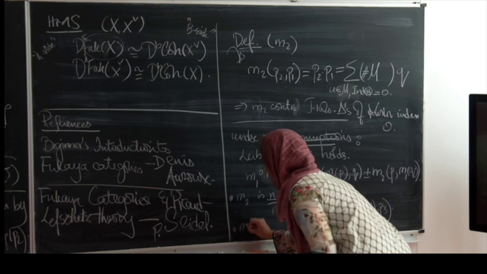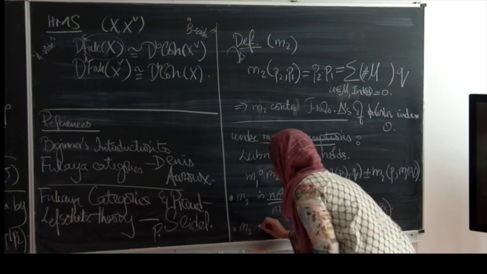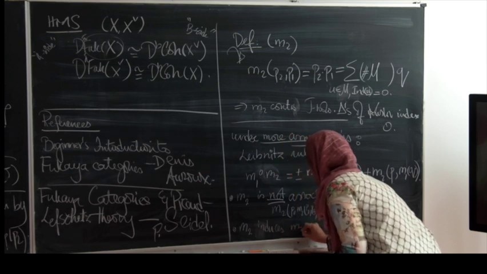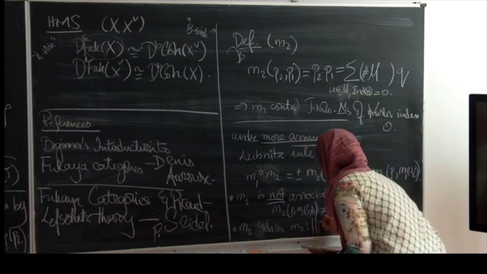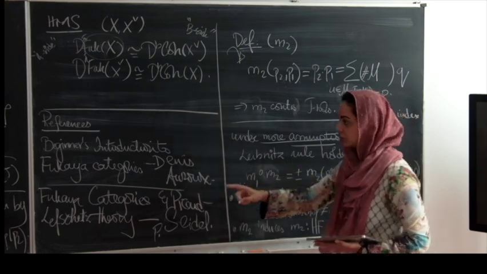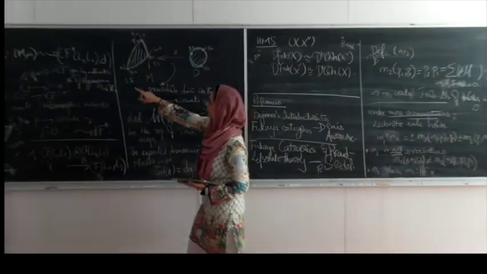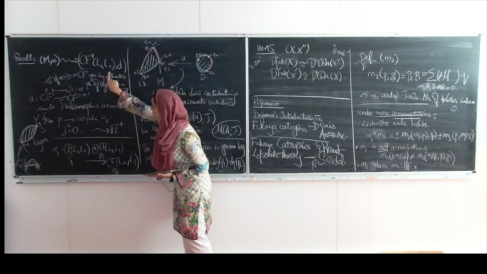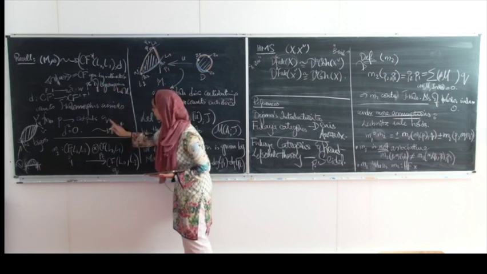However, M2 induces an M2 at the level of Floer cohomology, you remember. So you have something at the chain level, but then you can also take the cohomology of that cochain complex.